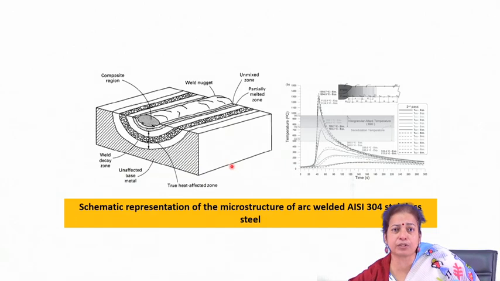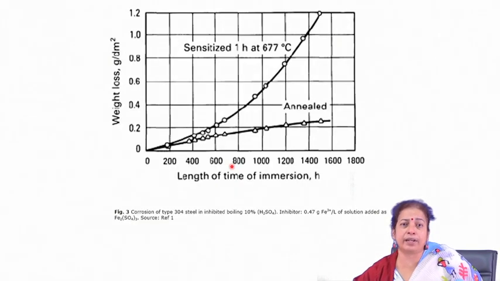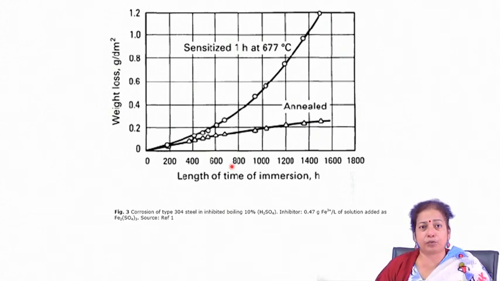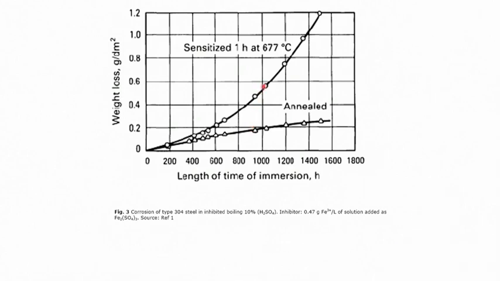As a result, when the steel after the welding operation encounters a corrosive environment, you will find the corrosion rate of the heat affected zone is much faster than the rest of the regions. So, the steel is called sensitized steel. If you compare the corrosion rate of sensitized steel to that of annealed steel, you will find that it is much higher than that of annealed steel.